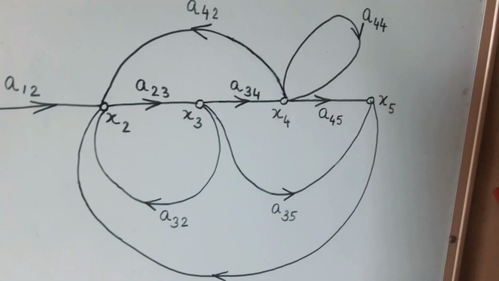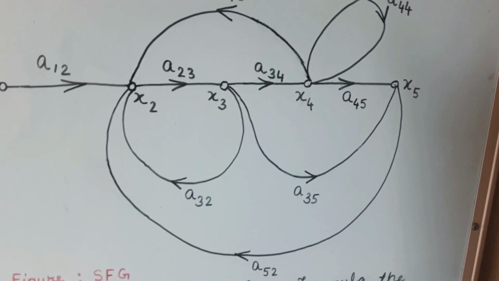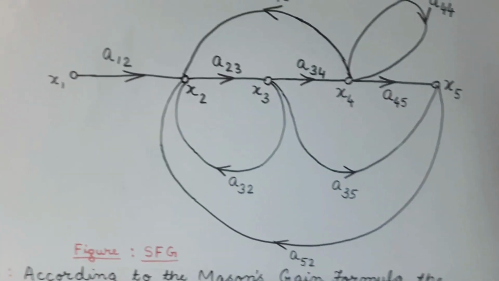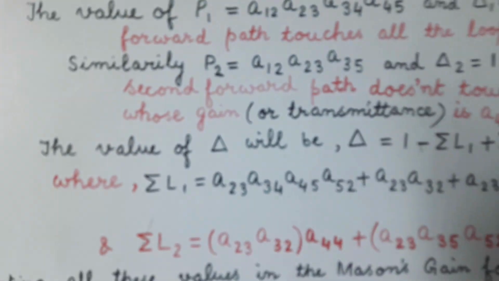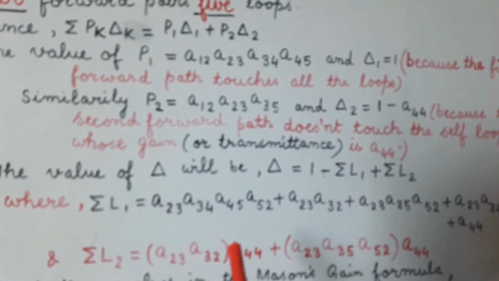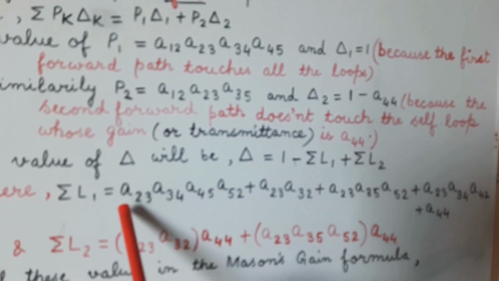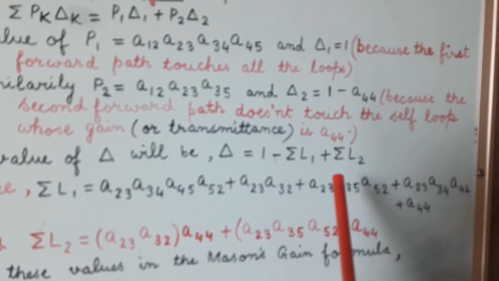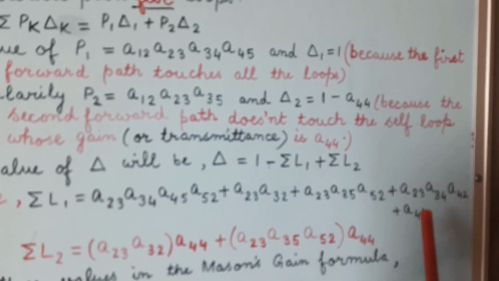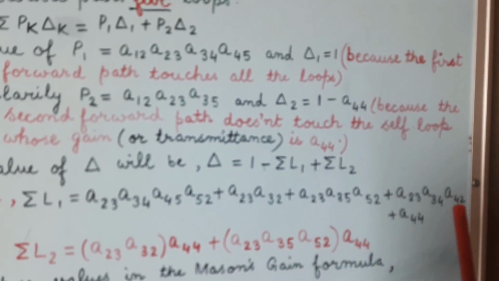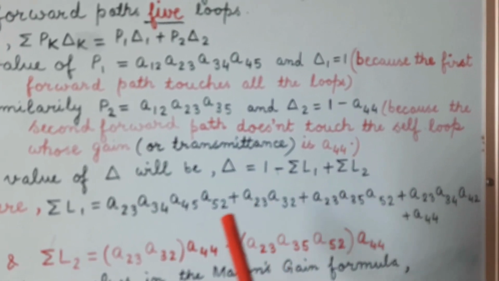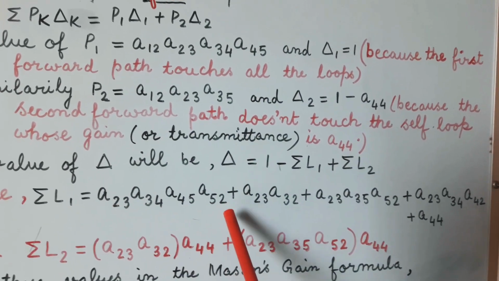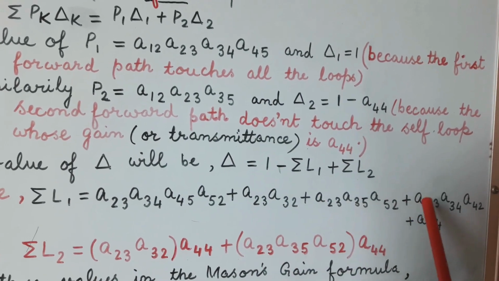So, now we will substitute the value of delta in the given expression. The value of summation L1 will be equal to the sum of the product of the loop gains. Since there are 5 loops, we will get 5 terms, 1, 2, 3, 4, 5.